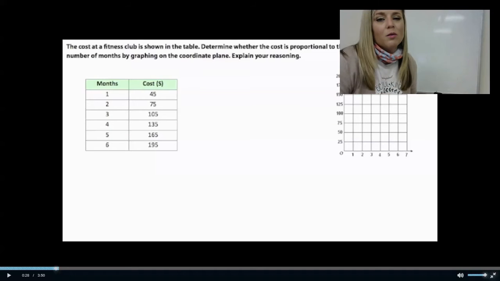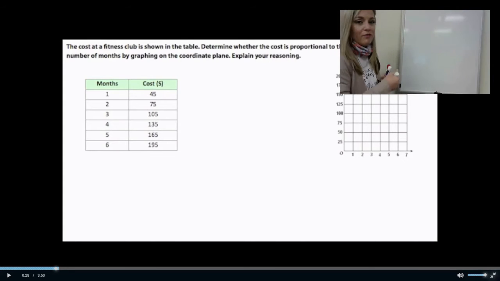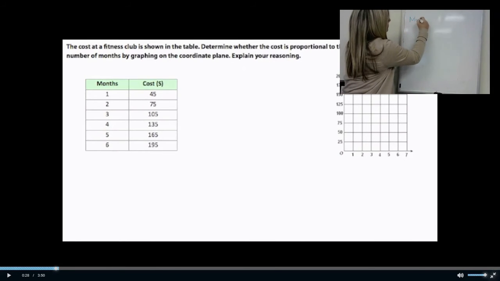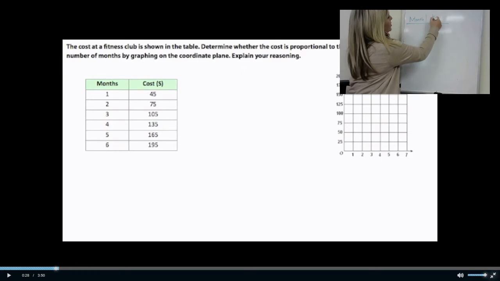We have this problem right here, and it says, the cost of a fitness club is shown in the table. Determine whether the cost is proportional to the number of months by graphing on the coordinate plane, and then we need to explain our reasoning. So if I do that really quickly, I have months and cost, and I'm just going to put dollars.